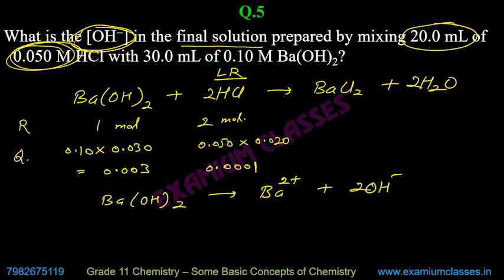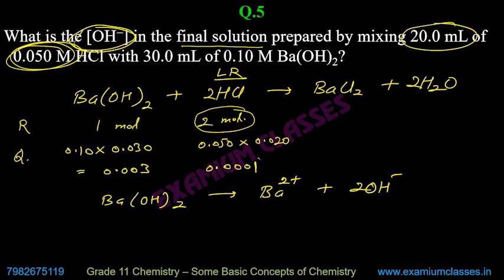Balanced reaction. So barium hydroxide, when it gets ionized, will give us barium ion. There is one barium ion, but there are two hydroxyls, so two OH ions. For that, we need to find out how many moles of Ba(OH)2 will remain unreacted. 2 moles of HCl require 1 mole of Ba(OH)2.